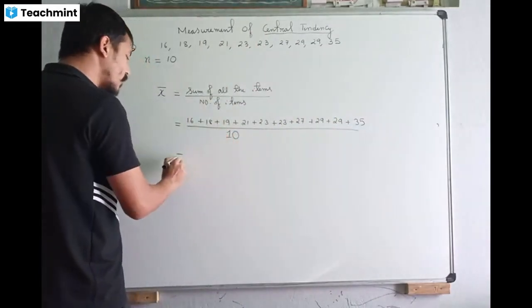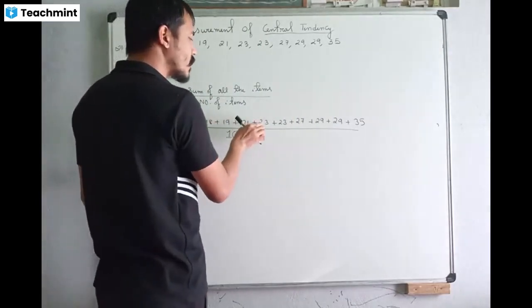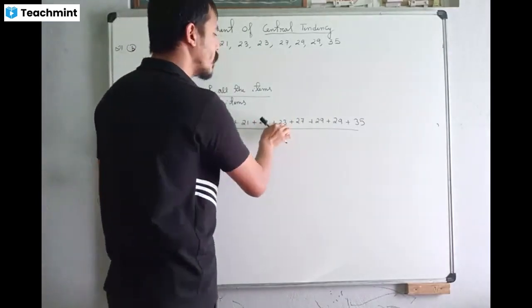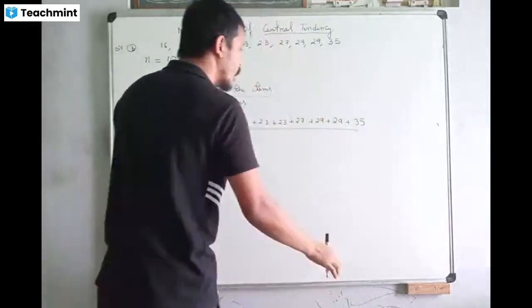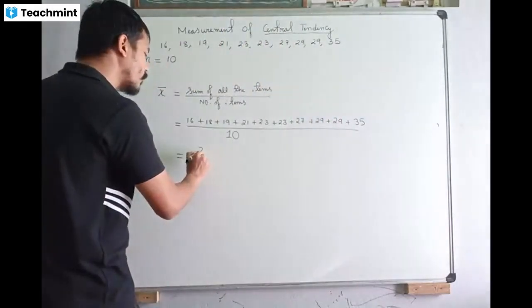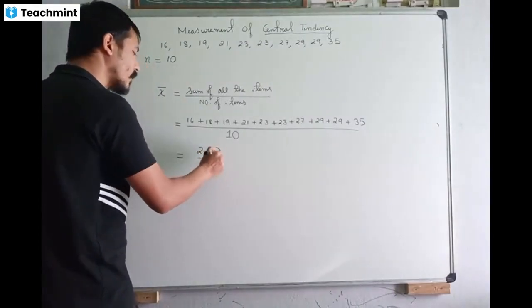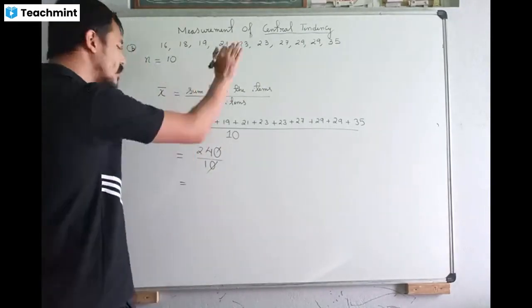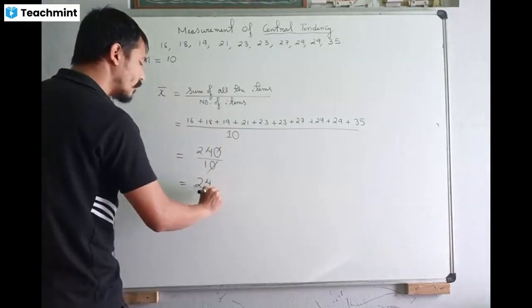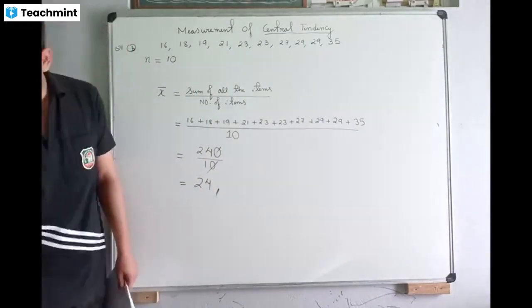As you add these values, it will give you a total of 240. So divided by 10, the 0s cancel out. So the arithmetic mean of this series is 20. Is it alright? Very simple.